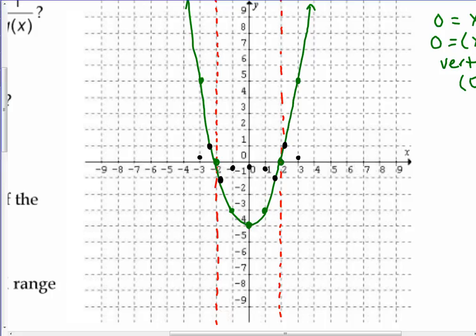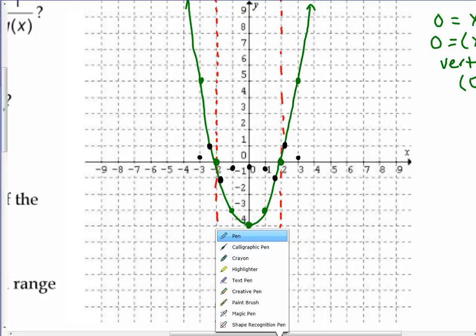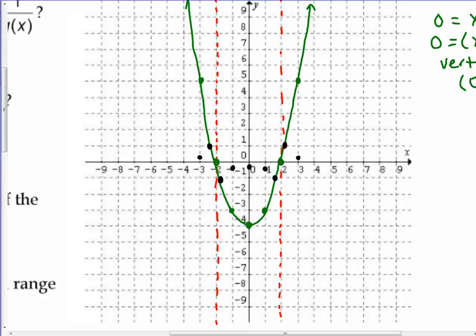Okay, does that give you an idea what this graph is going to look like? No? Okay. Well, let's think about what we know. Here's a magic pen. As that original graph approached 0, our graph is now going to approach infinity.